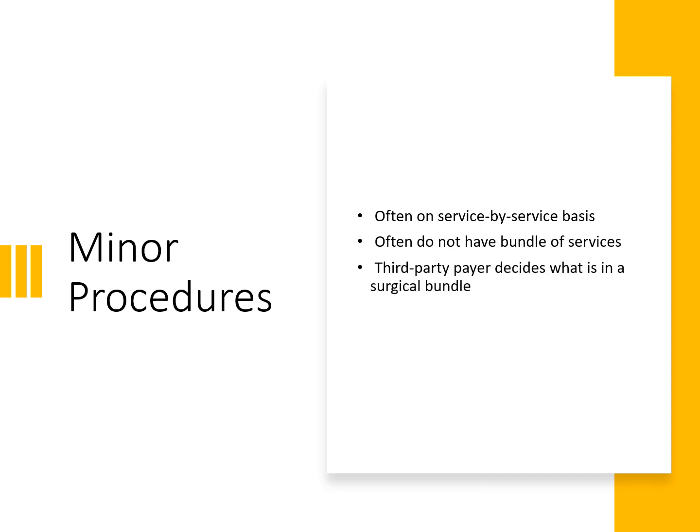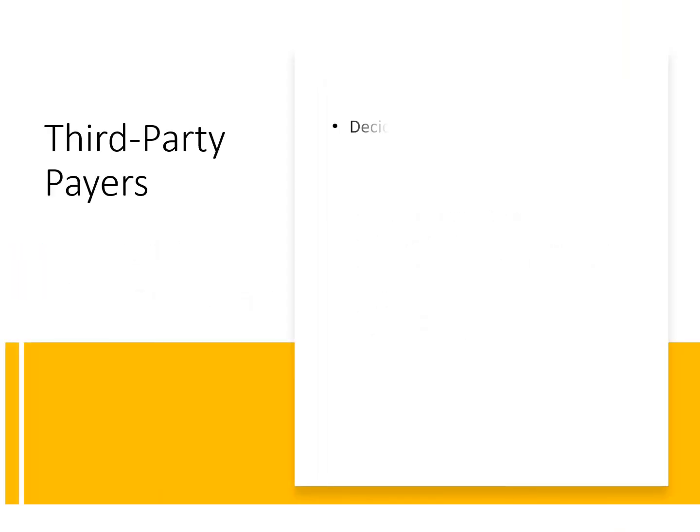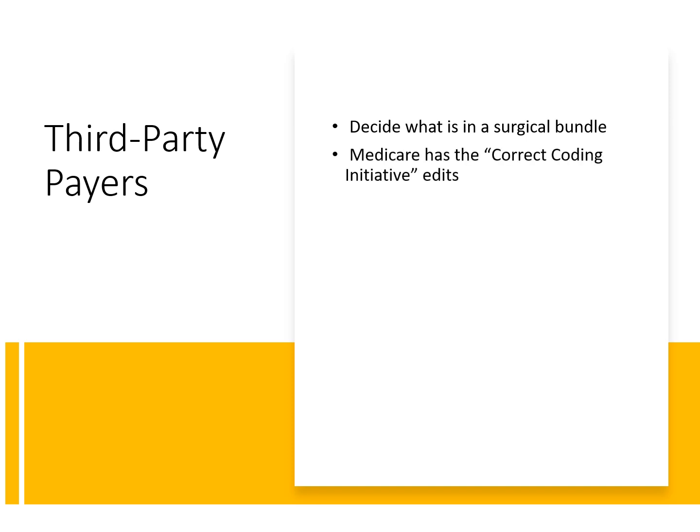A third-party payer would decide what is in the bundle. Minor procedures for Medicare have a 0 to 10-day global period, and as I talked to you before about this, major procedures have 90 days. Third-party payers decide what is in a surgical bundle. Medicare has a listing of the correct coding initiative edits, and they specify what is in the bundle.